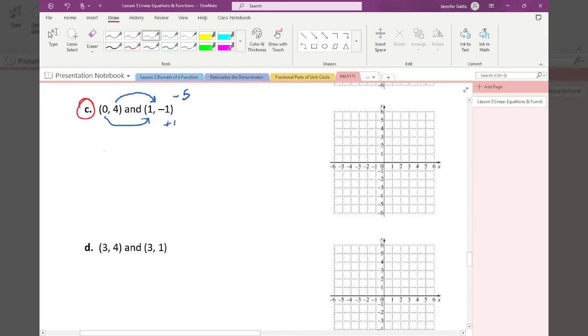Or our formula, -1 minus 4 over 1 minus 0, which is -5 over 1, which is just -5. And again, if we look at plotting these points and then connecting our dots, this is a line with a slope of -5.